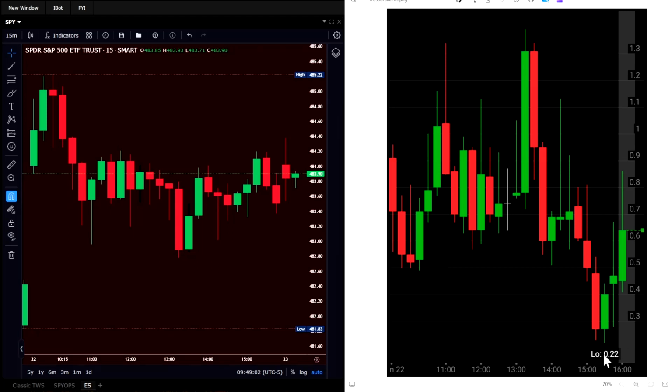The low here says 0.22. Well, that's not 22 cents. It's $22. So just keep that in mind whenever you're looking at a put option chart or a call option chart. You always have to multiply the value by 100.